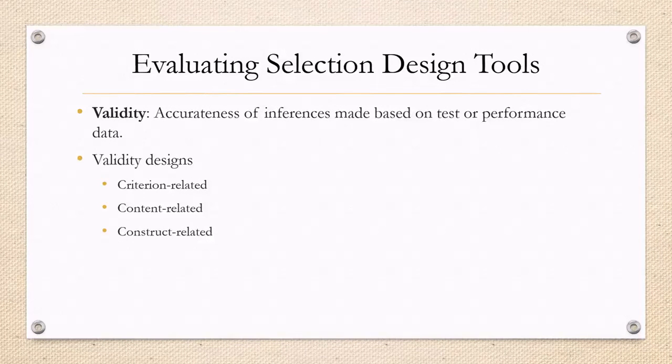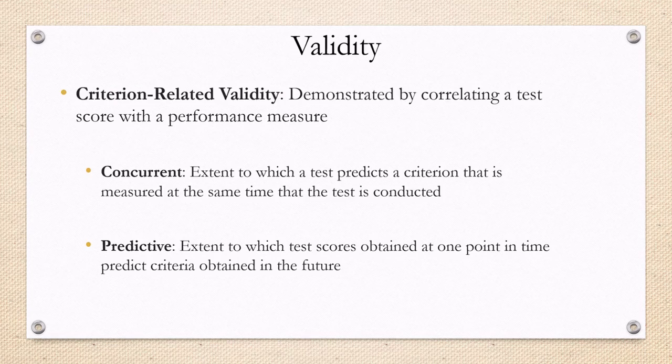Criterion-related validity associates the scores on the predictors with the job performance. We can look at content-related validity or construct-related validity. Criterion-related validity is the best method to use. And this is demonstrated by correlating a test score with a performance measure.